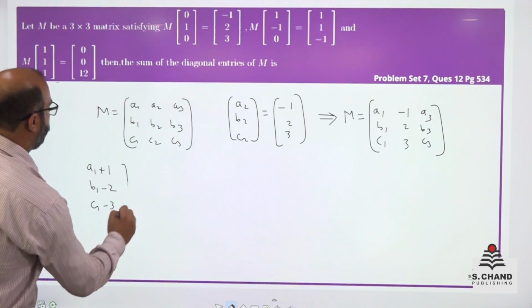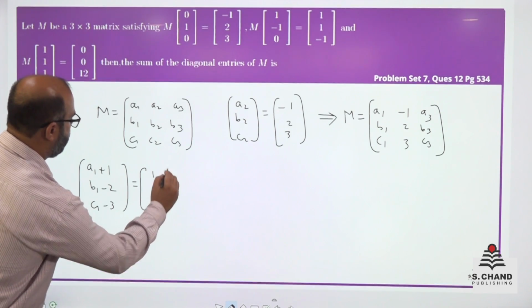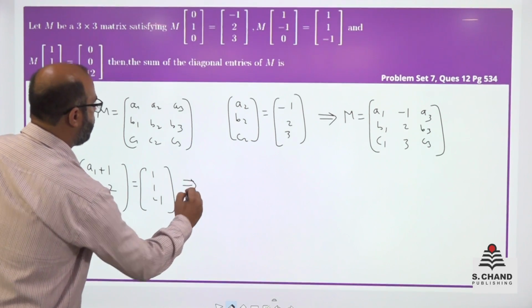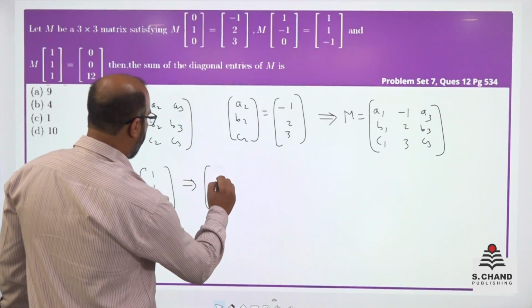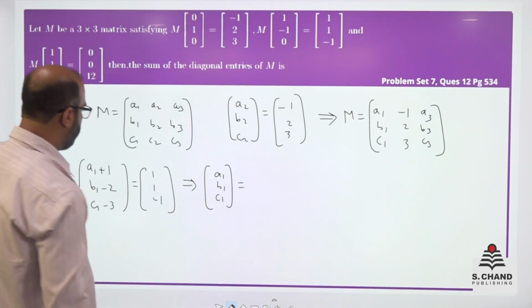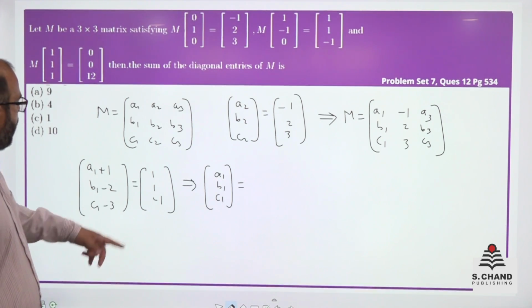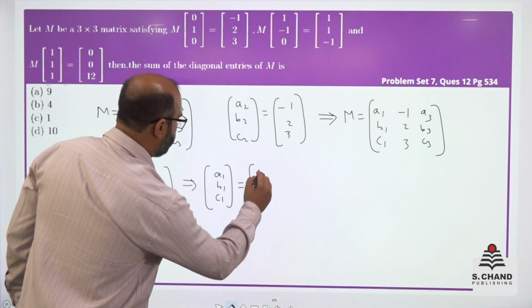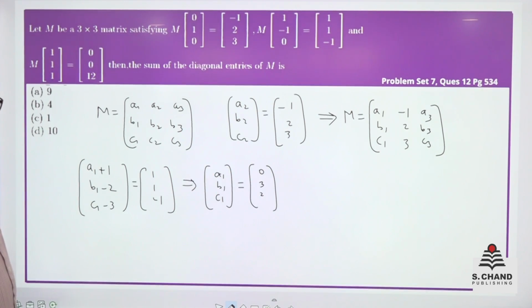And this is equal to 1, 1, minus 1. So from here what we are getting? From here we are getting A1, B1, C1 as equal to 0, 3 and 2, right? 0, 3 and 2.